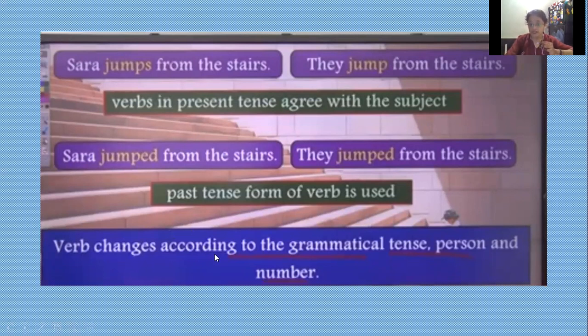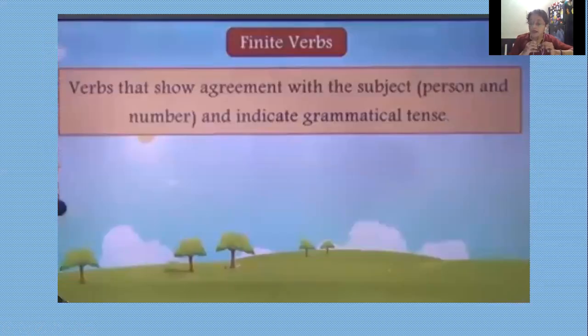So a verb changes according to the grammatical tense, person, and number. That is called a finite verb: verbs that show agreement with the subject, person, and number and indicate grammatical tense. It changes in the sentence according to the number, the tense, and the subject.